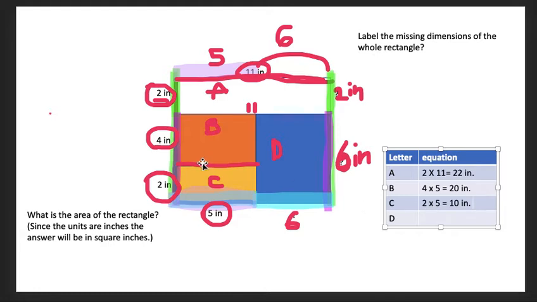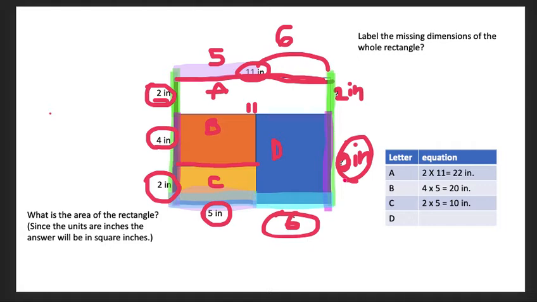Boom. And our last rectangle will be rectangle D, which is in blue. Now, when I look at that, what's my length and what's my width? All right. So my length is 6 inches, and my width, how tall it is, is 6 inches also.